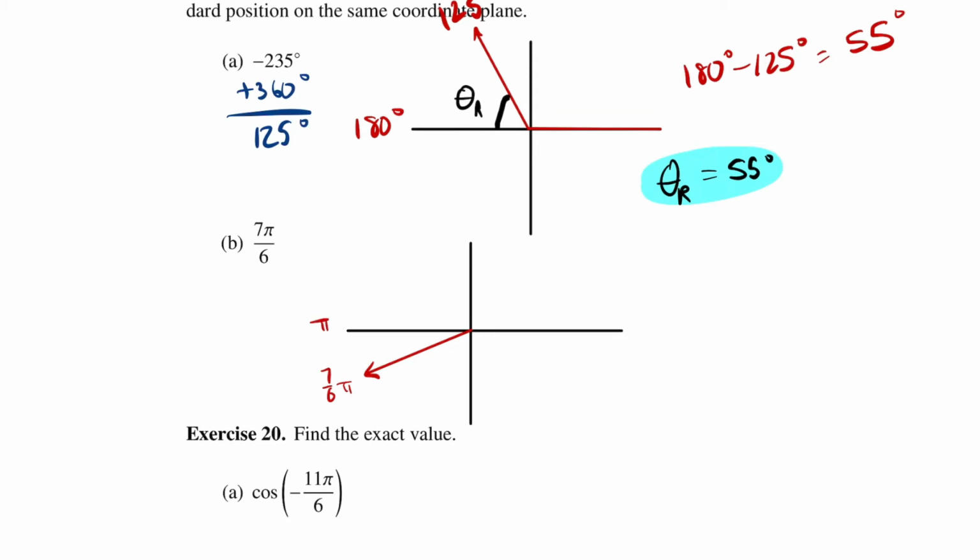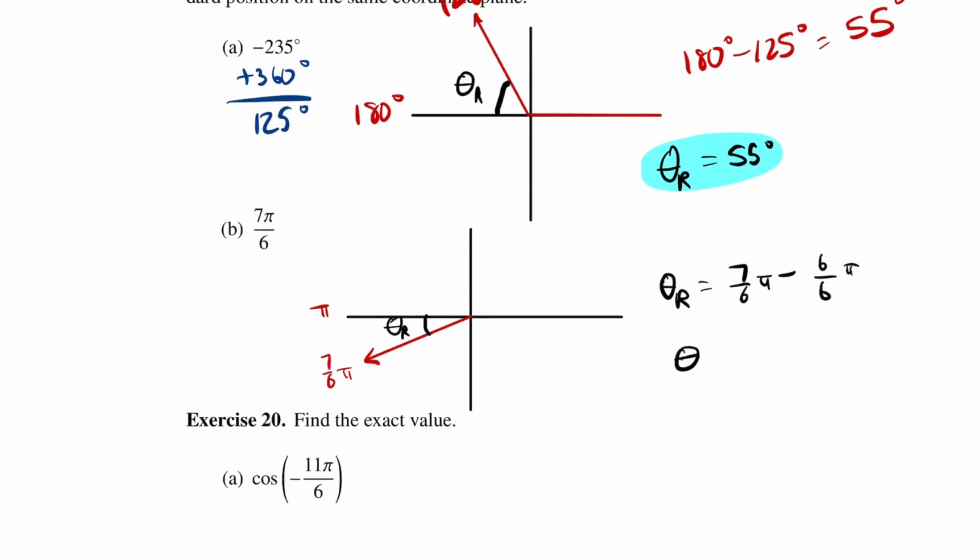So we need to find the reference angle, which is the angle that's made with the x-axis and the terminal side of theta. So the reference angle is going to be the bigger angle minus the smaller angle. So 7/6 pi minus pi. Well, another way to write pi is 6/6 pi. That's the same thing as pi, you just got a common denominator. So our reference angle is going to be pi over 6.